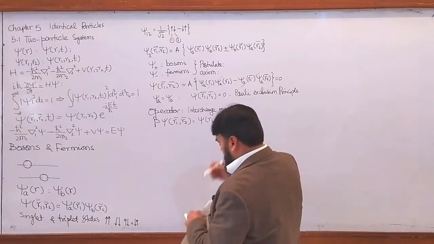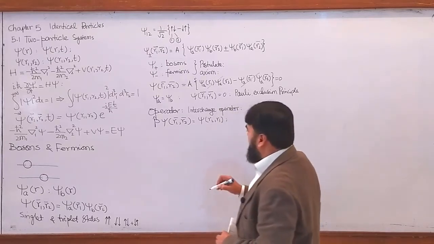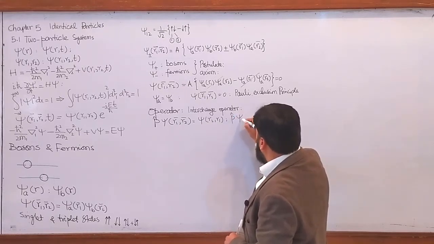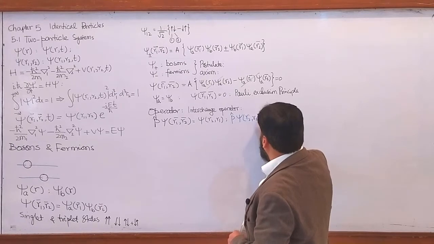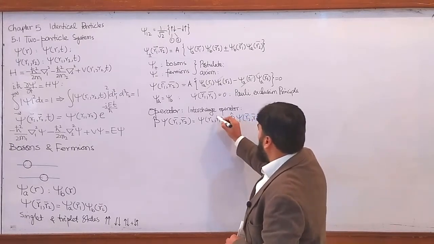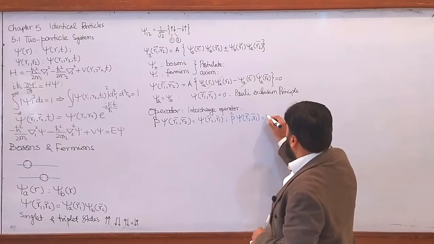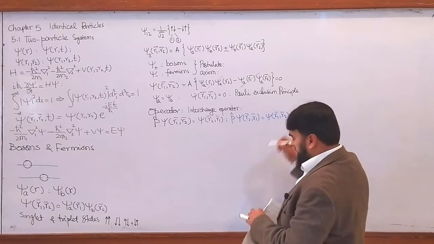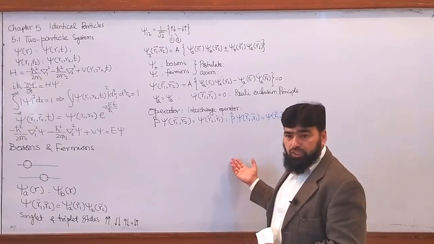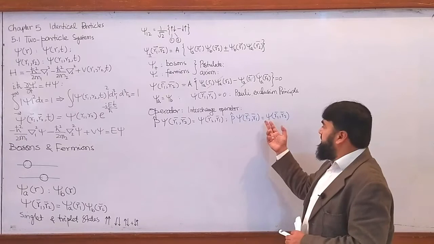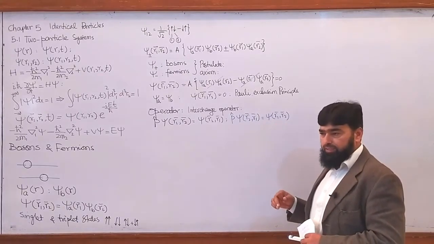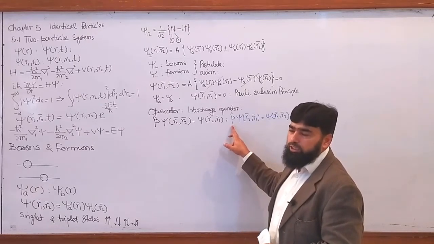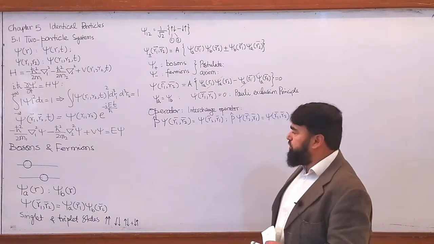And now if I apply it again, on psi r2, r1, it will become psi r1, r2. It means that when you apply it the next time, you get that wave function back. So that's why I call it an interchange operator or exchange operator.